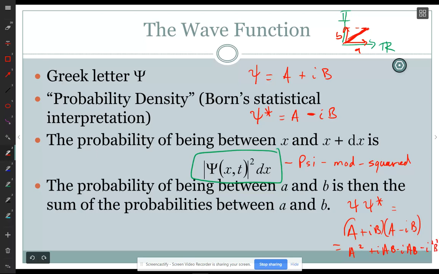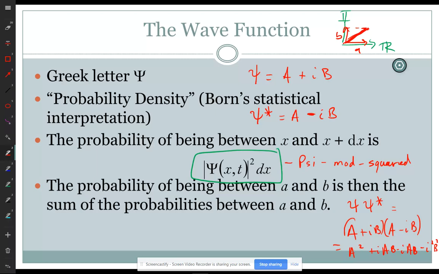The middle terms add to 0 because they're exactly the same, but one's positive, one's negative. And what's I squared? Negative 1. So A squared minus negative 1, which means plus B squared. That gives you A squared plus B squared in the end.